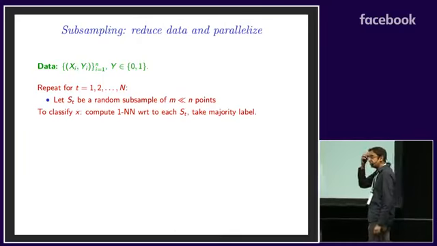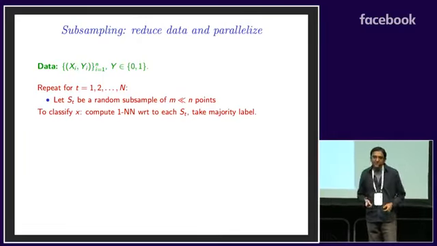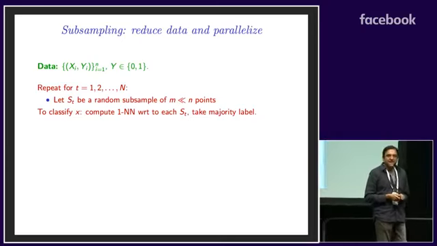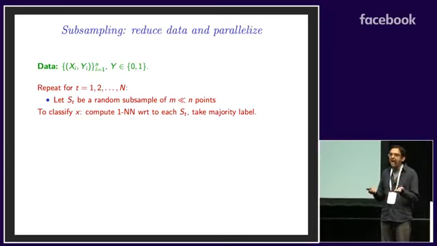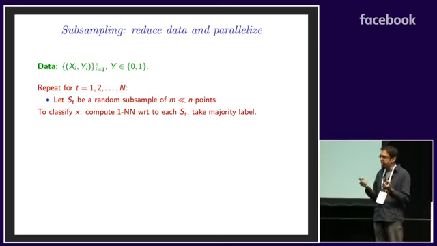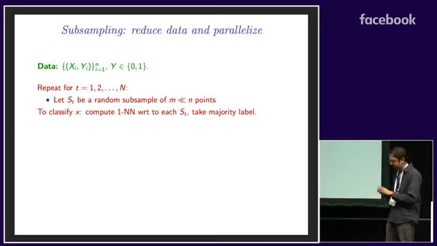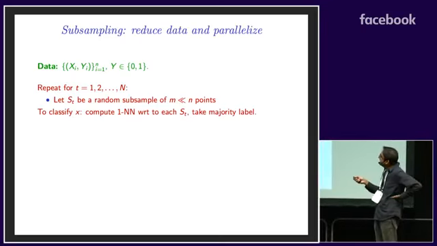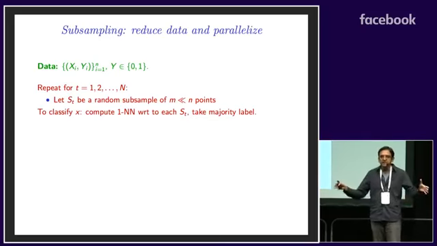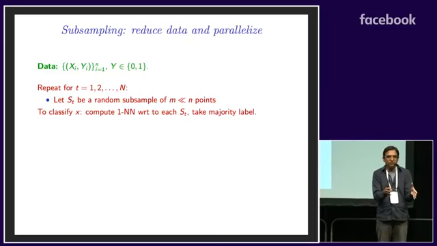Another approach, which is very amenable to parallelization, is to basically do a kind of bagged one nearest neighbor. Bagging with one nearest neighbor. Okay? And so the idea here is now you have this huge data set, and you randomly just pick 1/10 of it. Okay? So you pick 1/10 of the points at random.